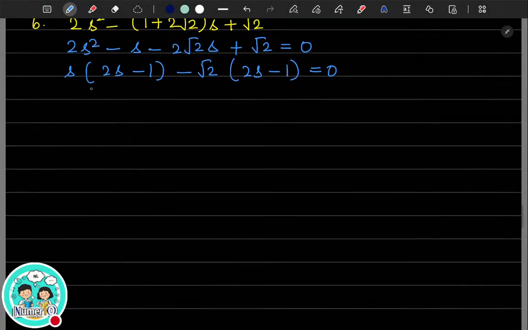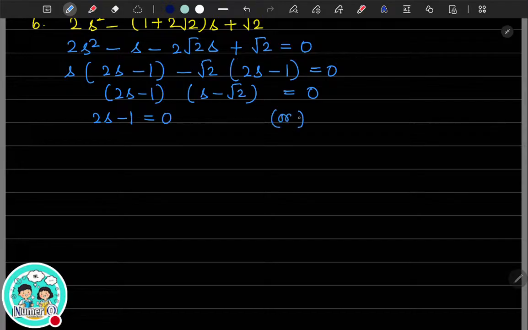Okay, so between the two terms you have 2s minus 1 is common, and the other term is nothing but s minus root 2 is equal to 0. So either 2s minus 1 equal to 0, or your s minus root 2 is equal to 0. So here you have your s as 1 by 2, and here you have your s as root 2.